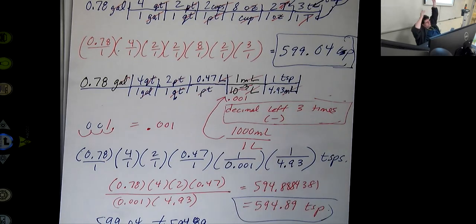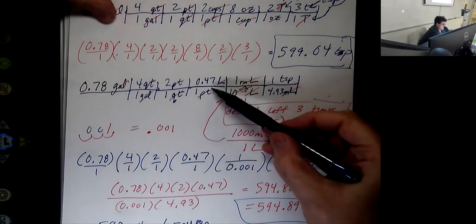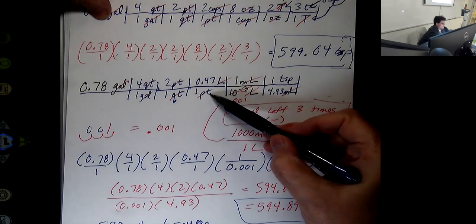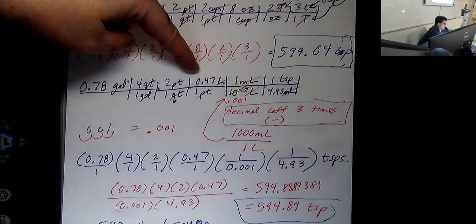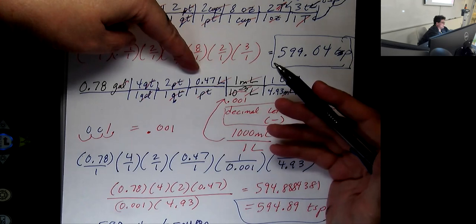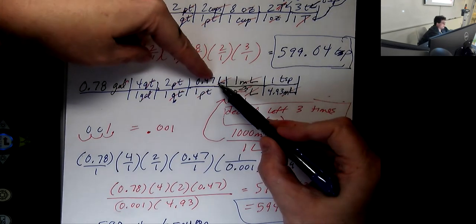And the reason why is called rounding error or precision. It's related to precision and significant figures, which we will cover in chapter 5. The idea is each time they did this, like here, 1 point to 0.47 liters, it probably wasn't exactly 0.47, it was 0.47 and something else. And they rounded to 2 decimal places, and by rounding to 2 decimal places, they introduced error.